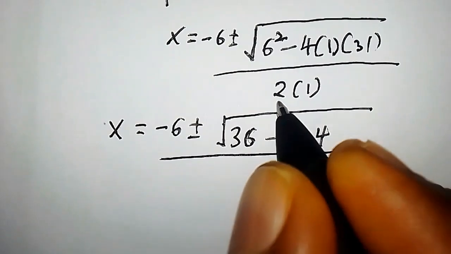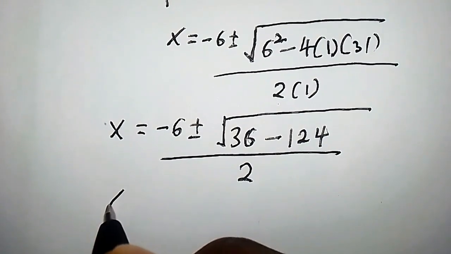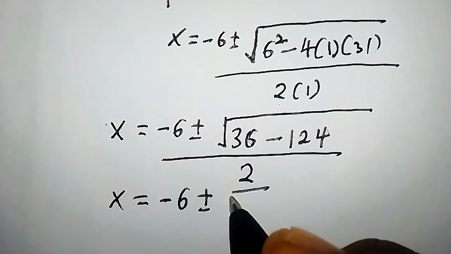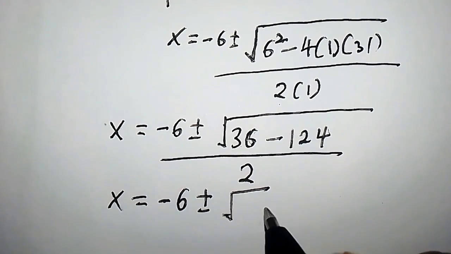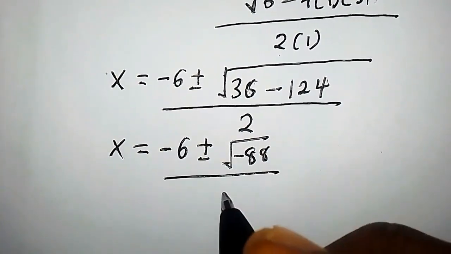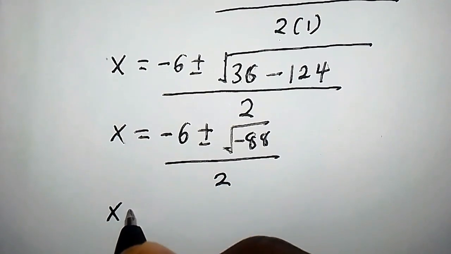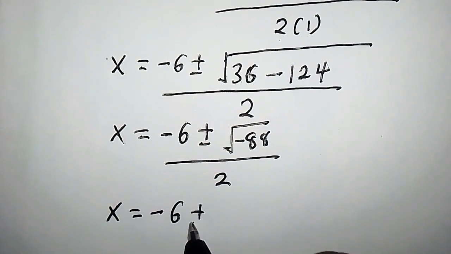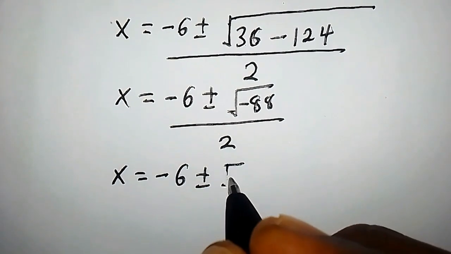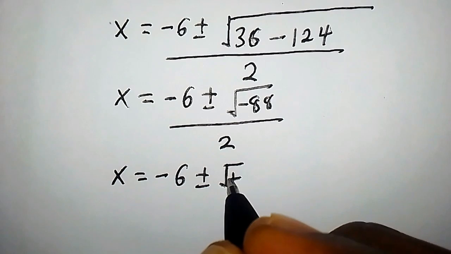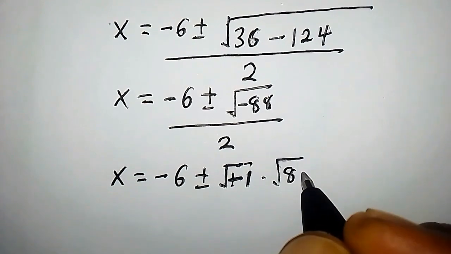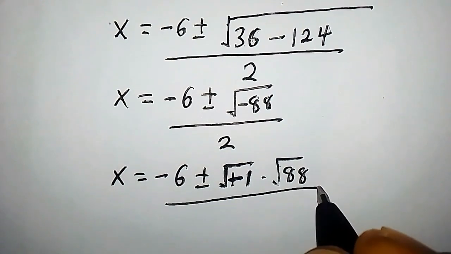Everything divided by 2 times 1, that is simply 2. x equal to minus 6 plus or minus square root of 36 minus 124, that is minus 88, divided by 2. x equal to minus 6 plus or minus, we can rewrite square root of minus 88 as square root of negative 1 times square root of 88, all divided by 2.